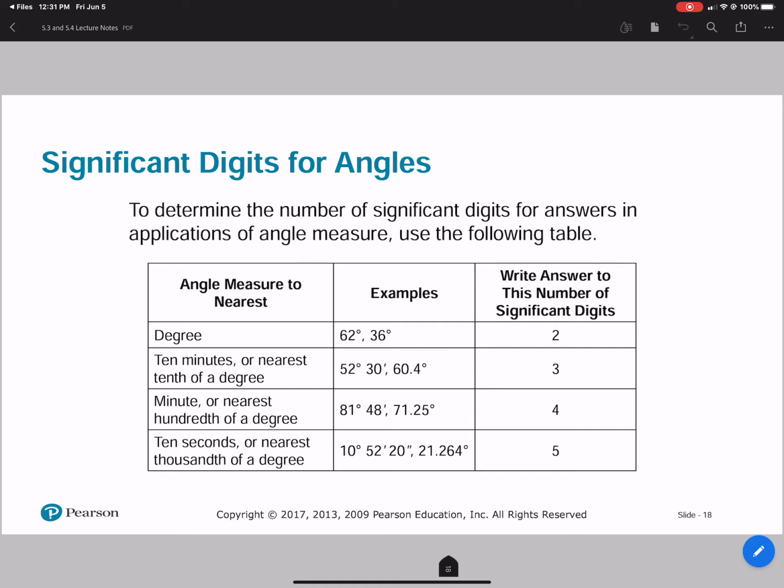If we have 81 degrees 48 minutes, we have four significant digits. Or say we have 10 degrees, 52 minutes, and 20 seconds, that means we have five significant digits. So just make sure you follow these charts so you know exactly what you're actually using.